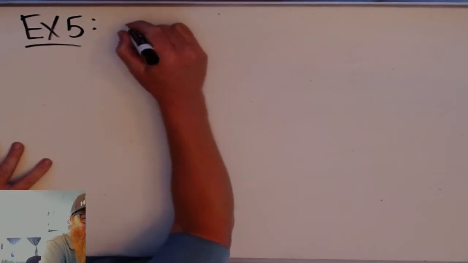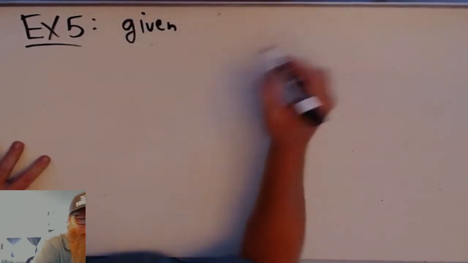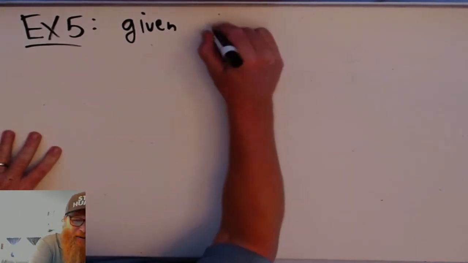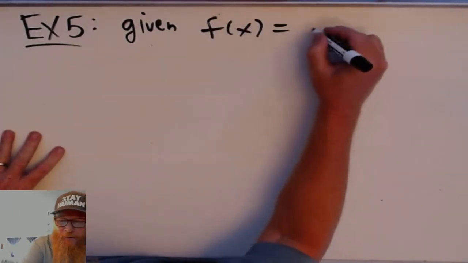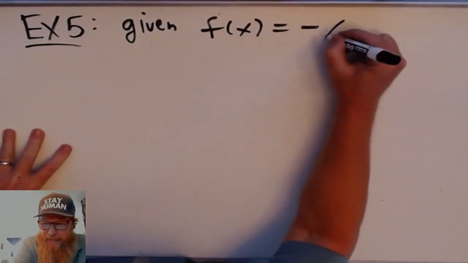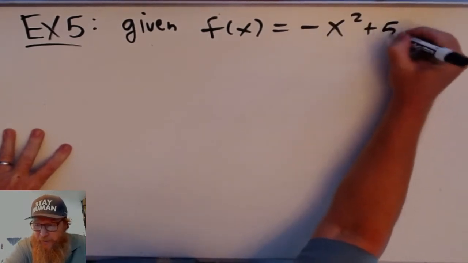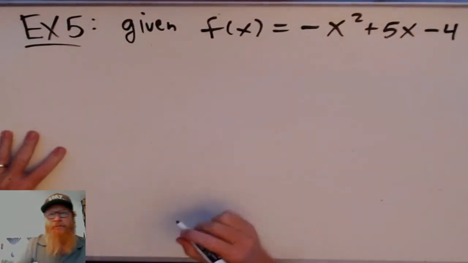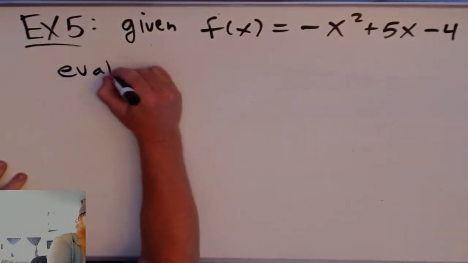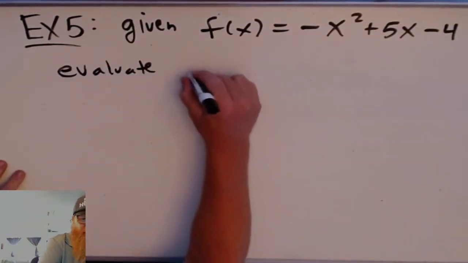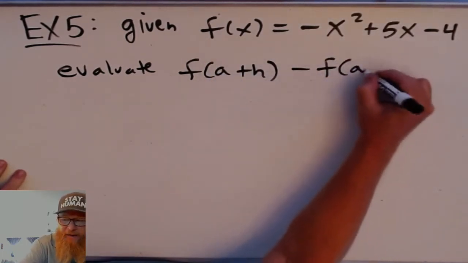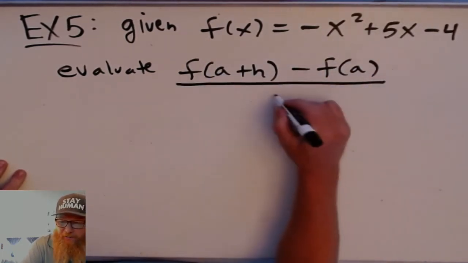Example 5. All right. So given f of x is equal to negative x squared plus 5x minus 4, evaluate f of a plus h minus f of a, all divided by h.